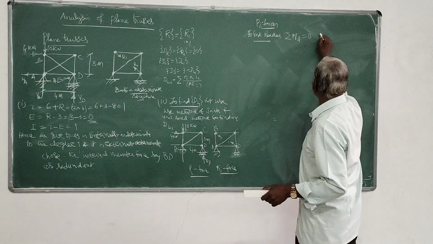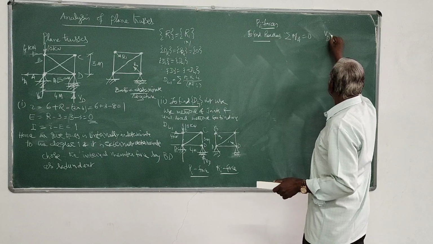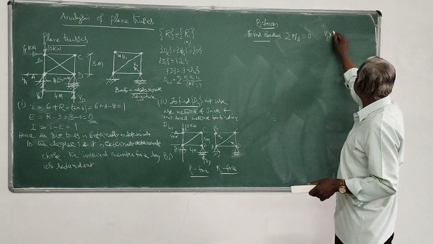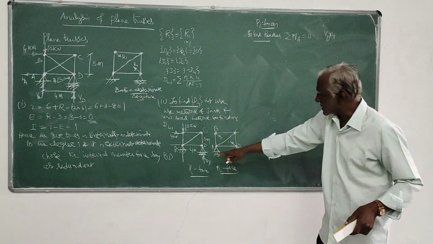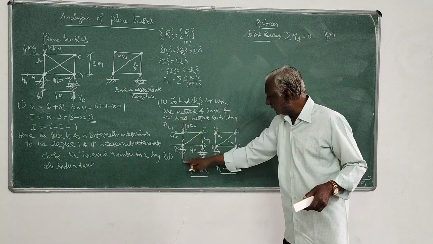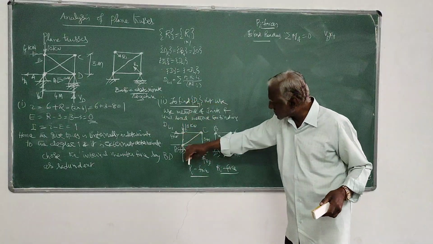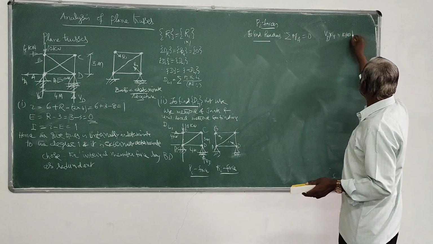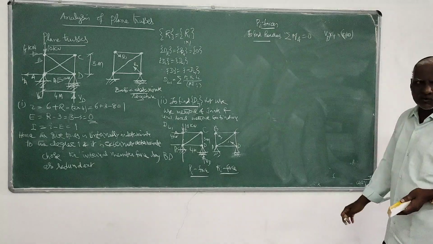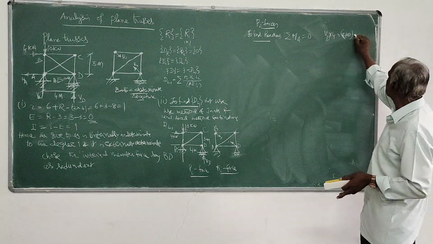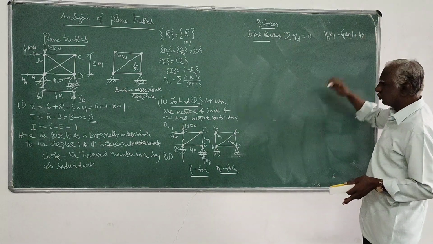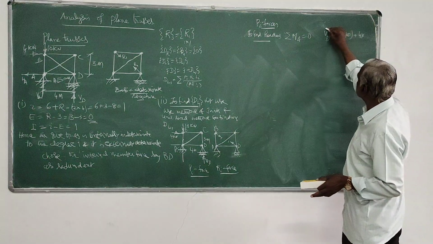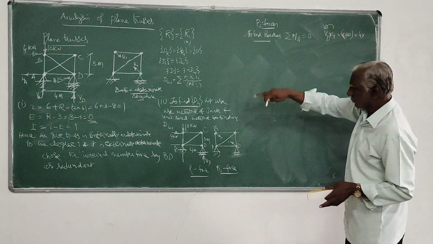If I take moment about A, I will get VD into 4, in the anti-clockwise direction. Then this 10 kilonewtons passes through A, so it doesn't give any moment, that is 10 into 0, lever arm is 0. Then 4 into 3.